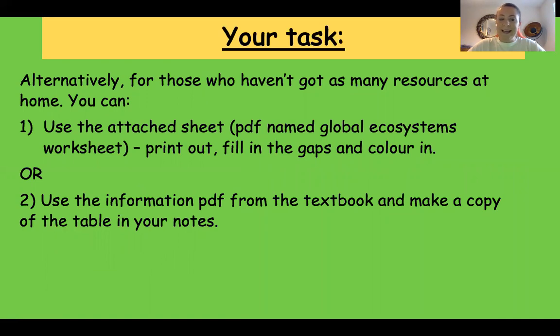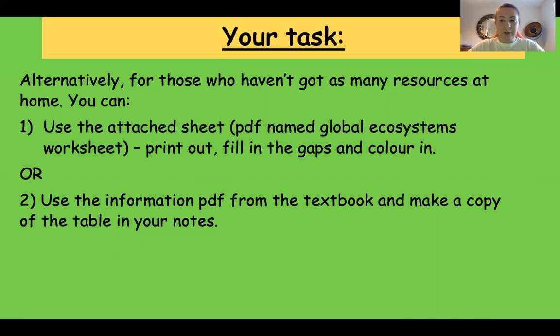This has a map in the middle of it already, and some information around it for each of the biomes, where you're doing a bit of a gap fill by using the info uploaded as a PDF of page 57 of the textbook. You can then colour in the biome map. So that's an alternative, if you're able to do that.